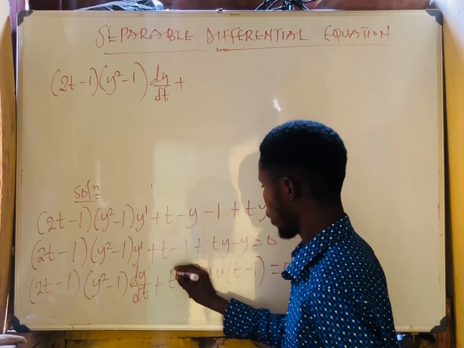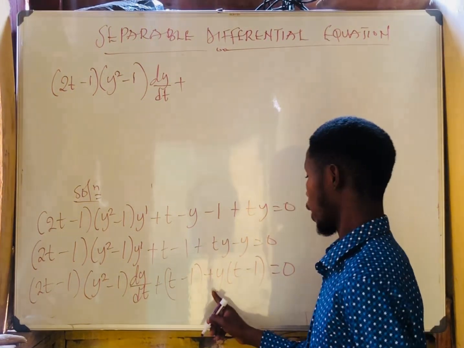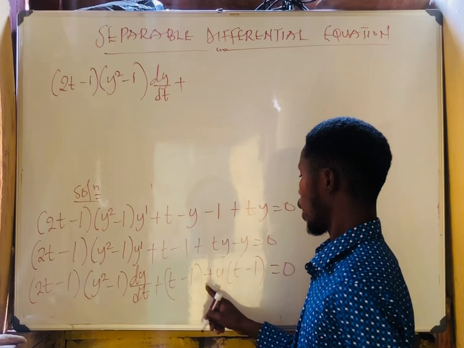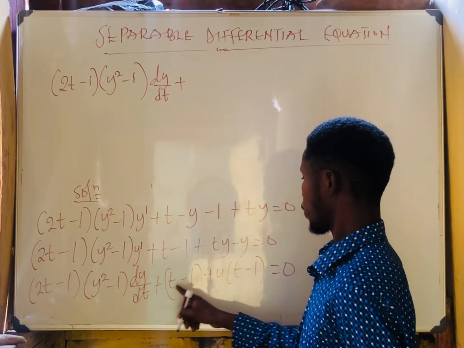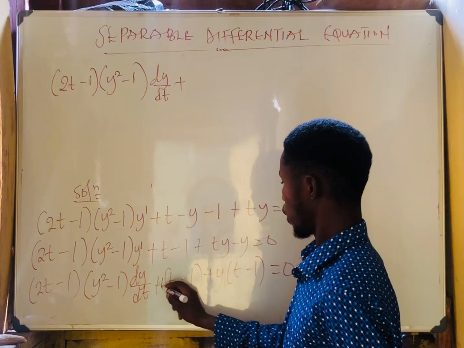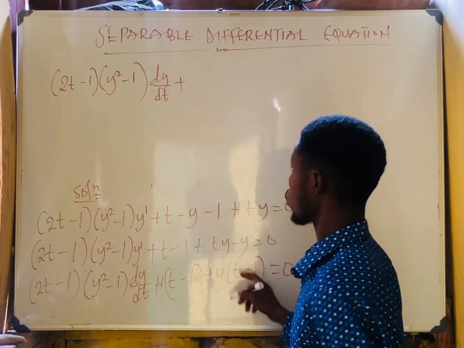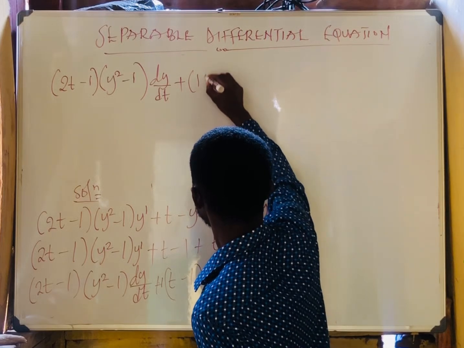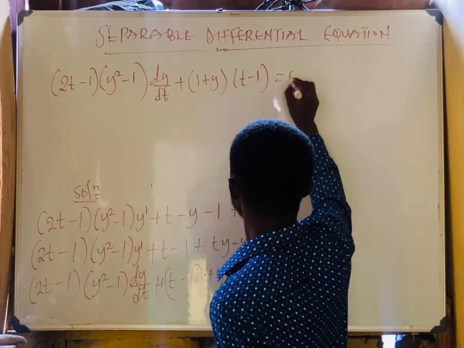I can also put this one in this thing. So since this t minus 1, this t minus 1 factorization, I can pick one of these. Then I will also pick this one, the number out here is 1. Have you seen that? So I'm going to have 1 plus y, then t minus 1. So I have 1 plus y, then t minus 1 equated to 0.